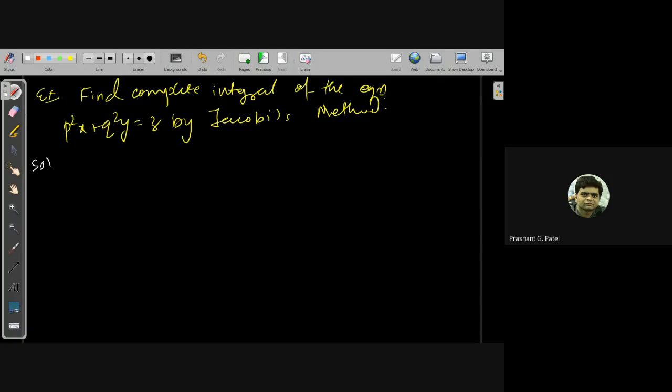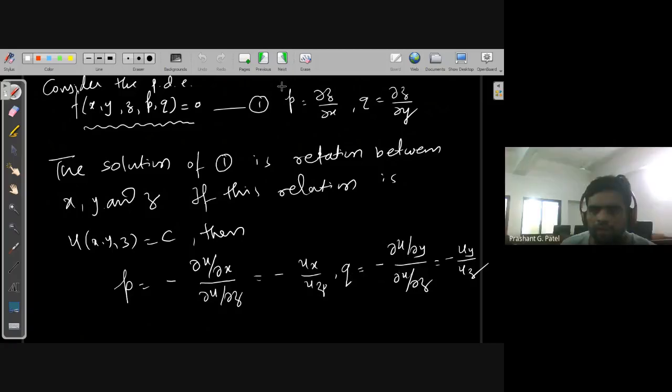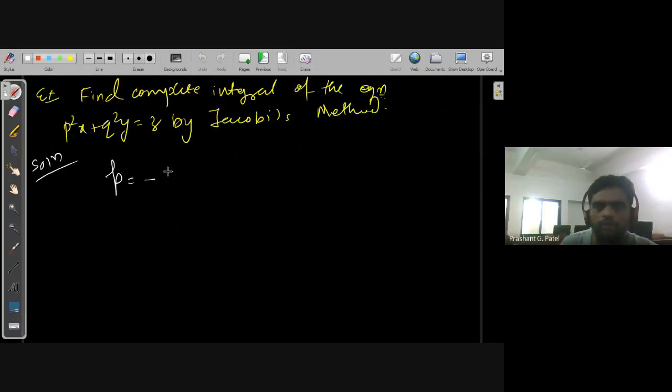So let us try to solve this. We know, as we have discussed earlier, that the value of p is minus ux upon uz and the value of q is minus uy upon uz. So we substitute these values into this equation.